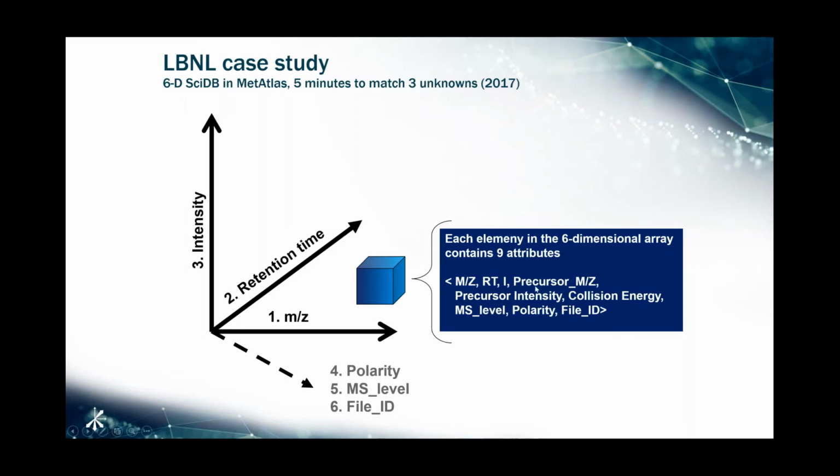But you could also have the actual significant places of the mass over Z values. And you can also see the complexity of what you can actually store in these types of data elements.